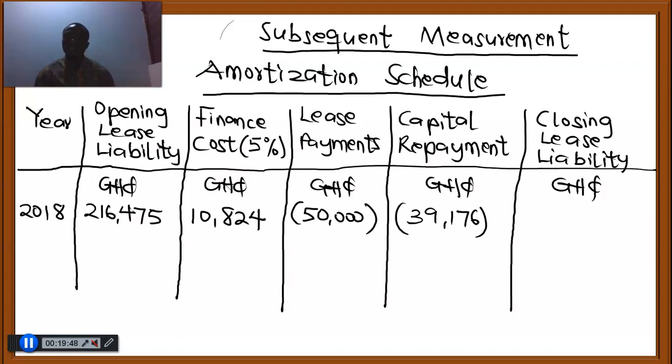And then we find the closing lease liability by subtracting the capital repayment from the opening lease liability, and that gives us a closing lease liability of 177,299.